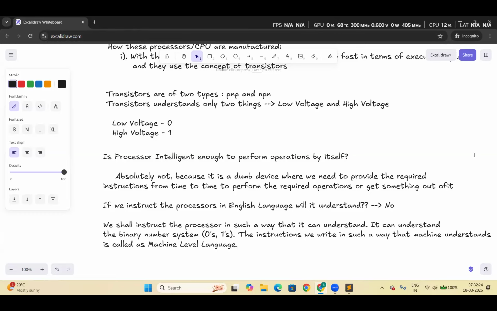Now we are passing the instructions in the form of zeros and ones. That is known as machine language, popularly known as MLL. Clear, everybody? Any doubts? What is a machine level language? What is a processor? How is it understanding, the science behind it? Cool.